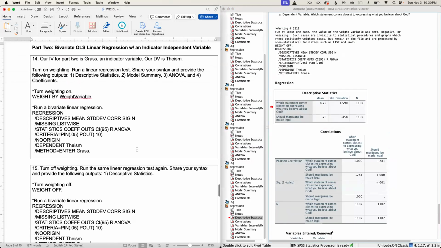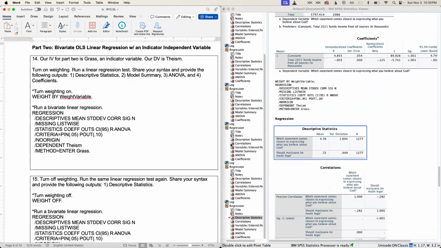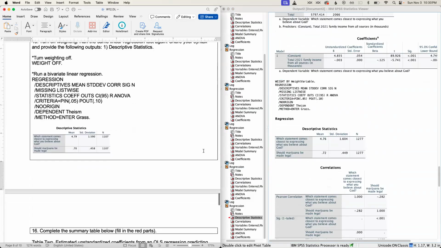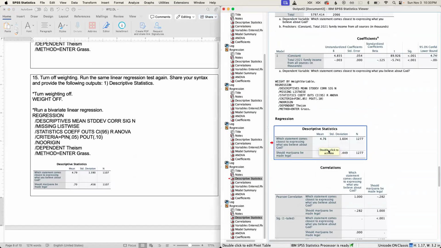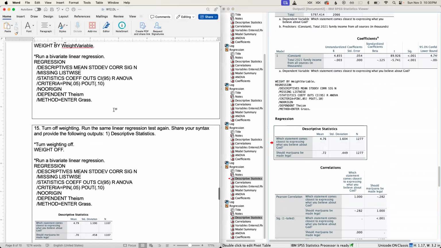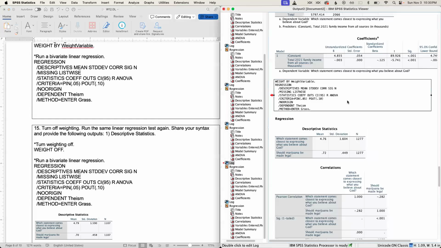For this first one, I'm going to need descriptives again. We don't use this, but it's good just to see how it's different. And that way, we know that it's also weighted or not weighted, that they're different there. Just screenshot it.